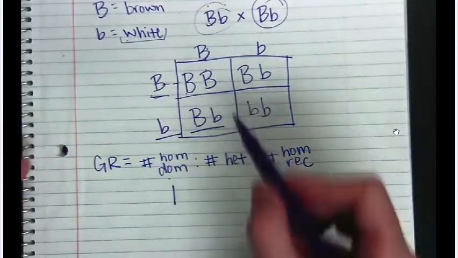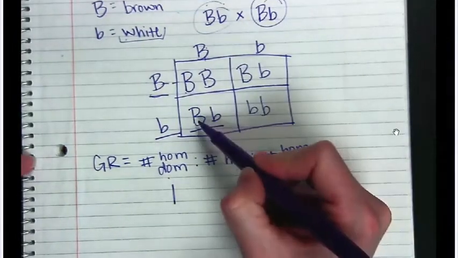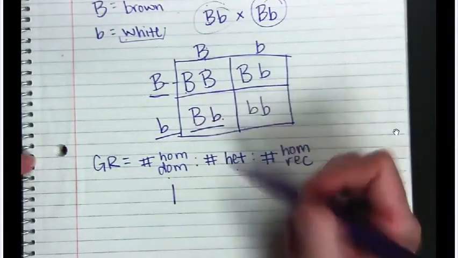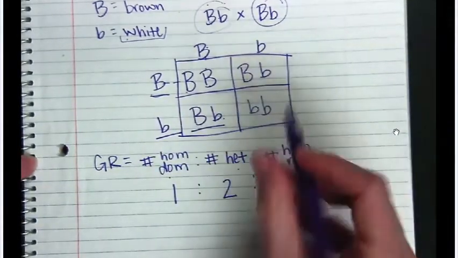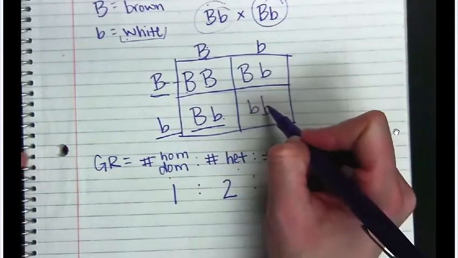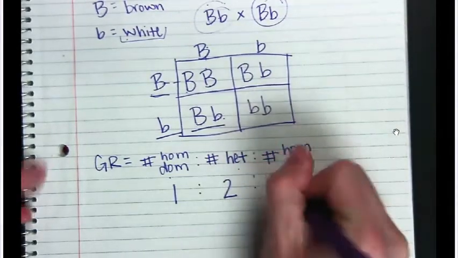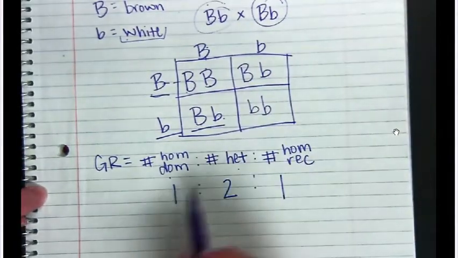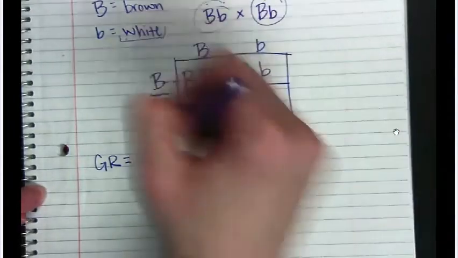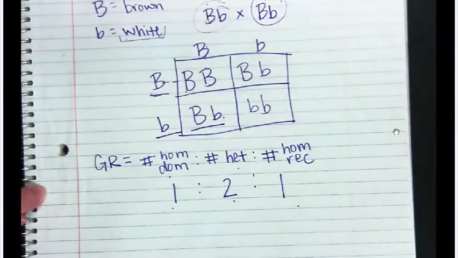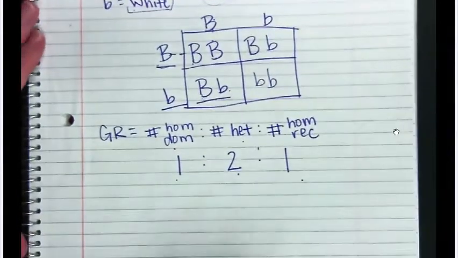And then the number that I have that are heterozygous, big B, little b, is 2. And the number that I have that are homozygous recessive is 1. So that means that my genotypic ratio is 1 to 2 to 1. I'm counting up the number of genotypes that exist in this Punnett square.